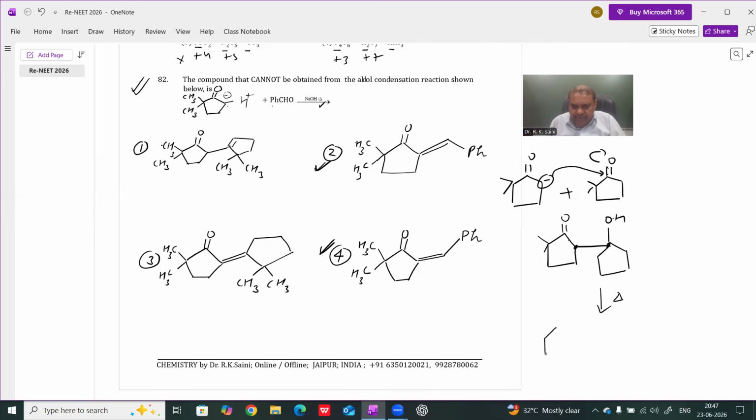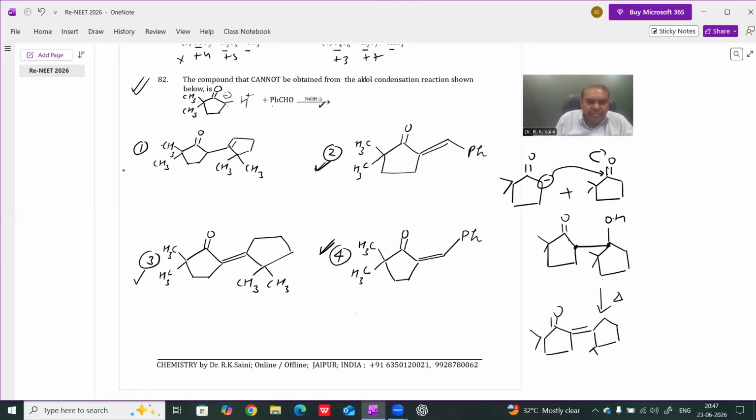And hence, the final product of self aldol has a double bond, where two methyl groups are also present at this carbon. This product is an alpha beta unsaturated carbonyl compound. This product is the third answer.